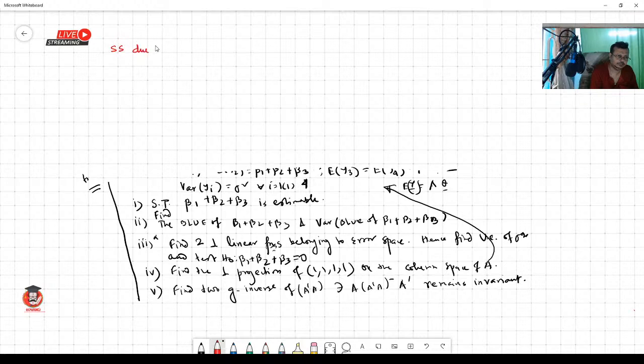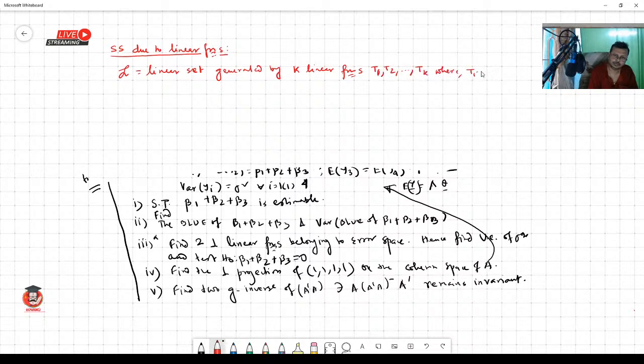SS due to linear functions. Script L, the set of linear functions, is a linear set generated by k linear functions t1, t2, tk, where ti equals ci prime y.